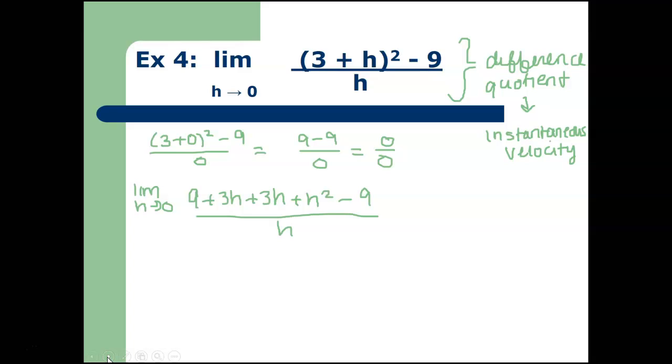I get the limit as h approaches 0 of 9 plus 3h plus 3h plus h squared minus 9. Well, I get positive 9 and negative 9, so they cancel.